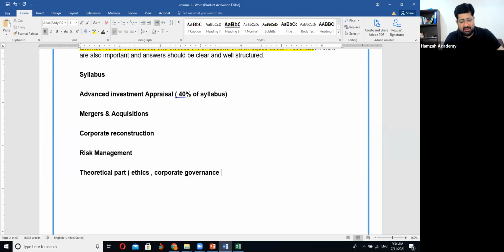Plus there are some other small topics, like behavioral finance, Islamic finance, and a few more areas.